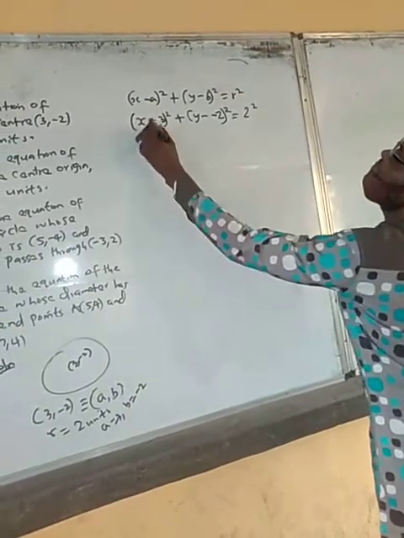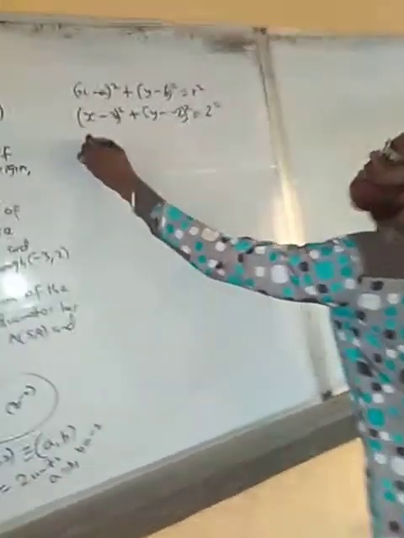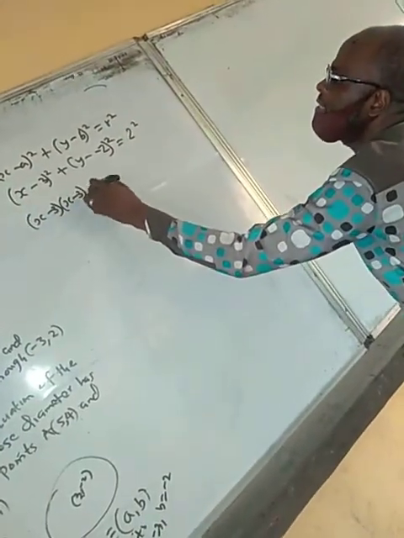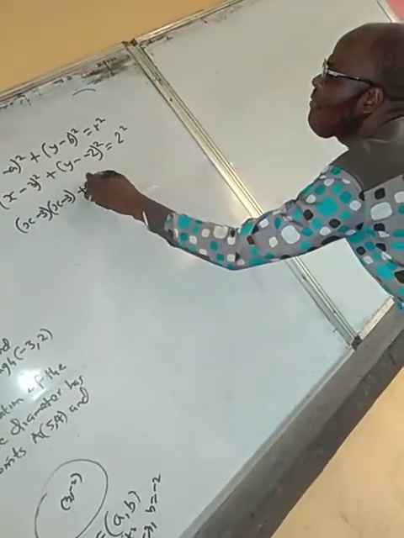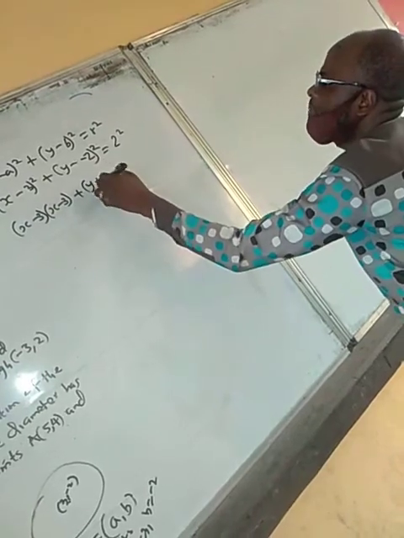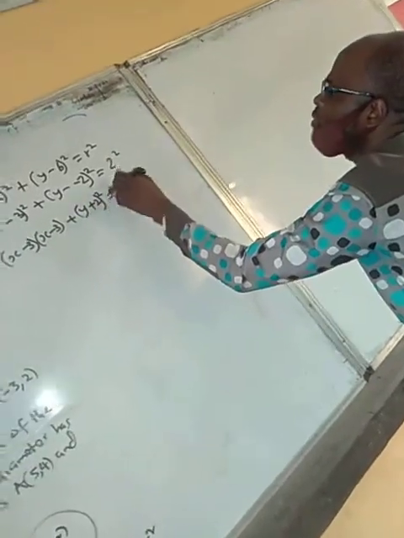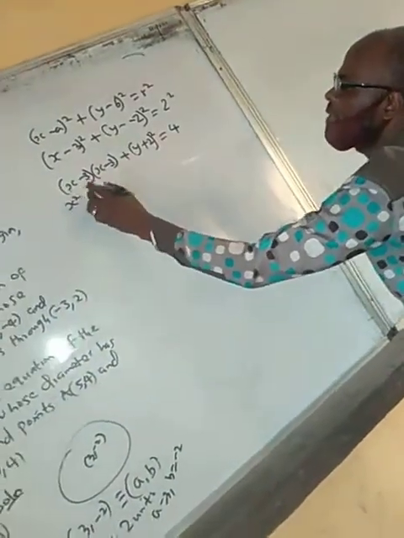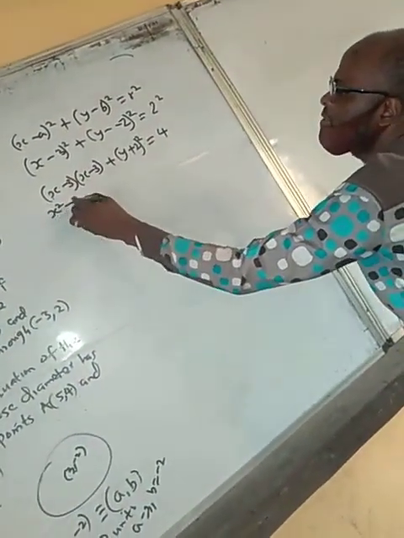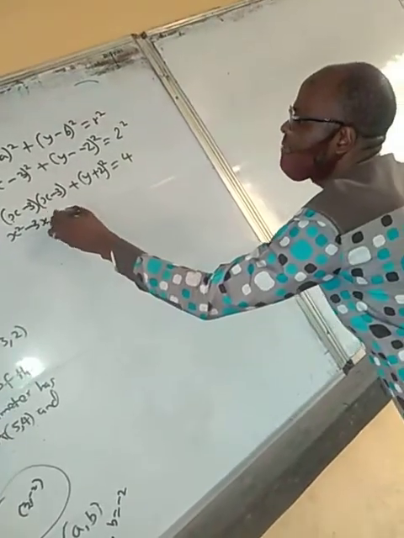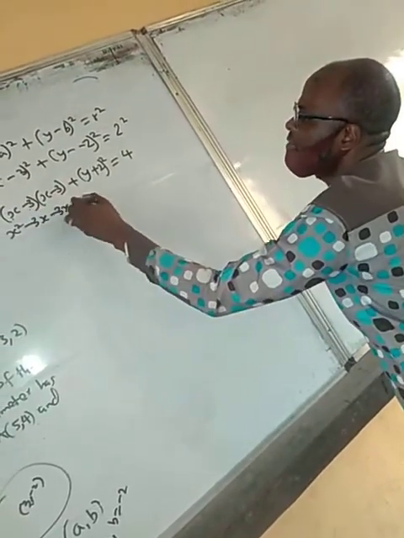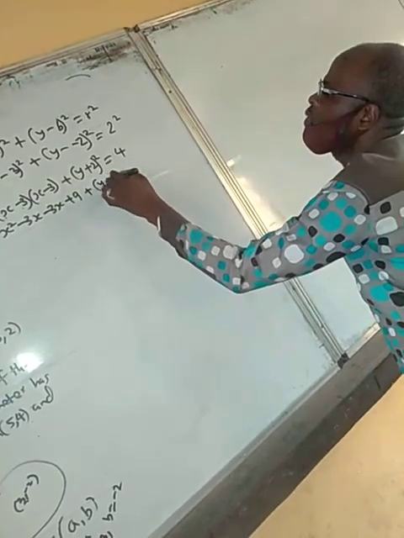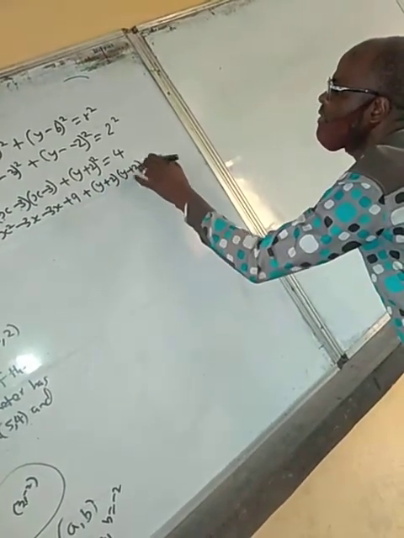When you expand this, you expand it twice: (x minus 3) times (x minus 3), plus (y plus 2) times (y plus 2), equal to 2 squared, which is 4. So, x times x is x squared, x times minus 3 is minus 3x, minus 3 times x is minus 3x, minus 3 times minus 3 is plus 9, plus y plus 2 times y plus 2 is equal to 4.